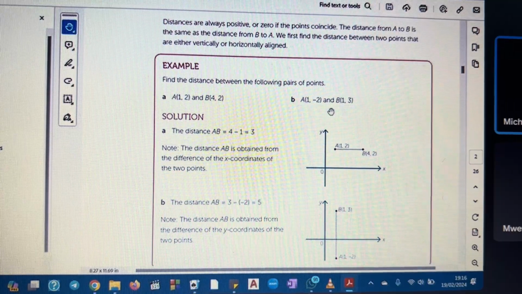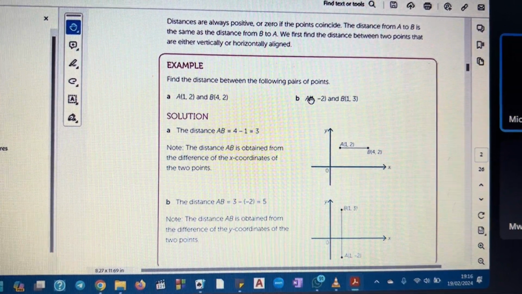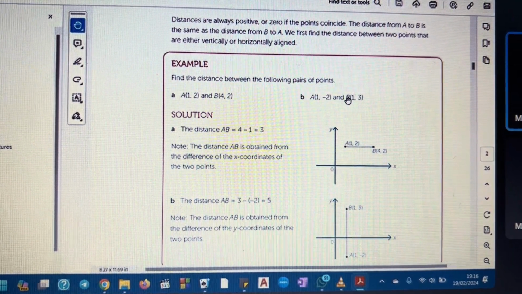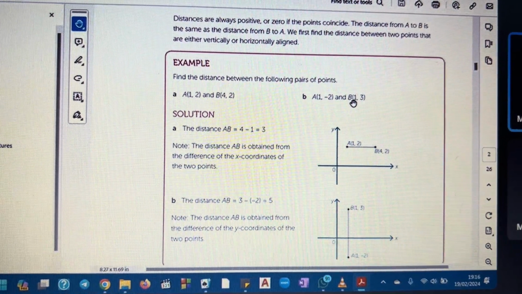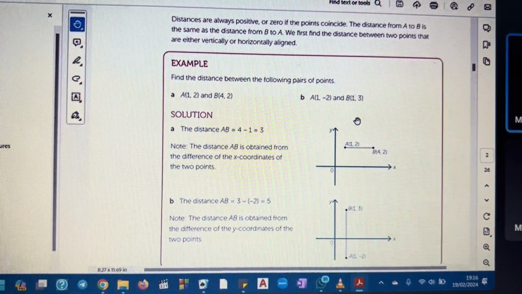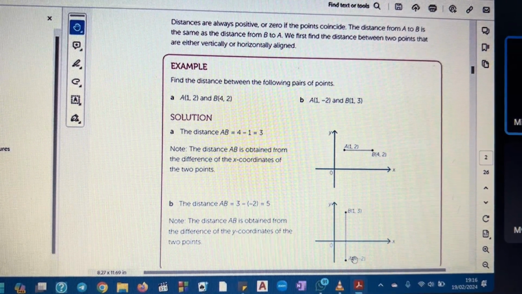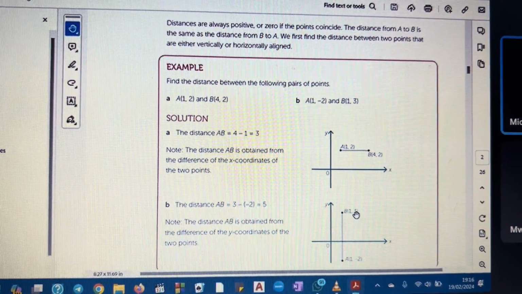And then for this example, it's similar to the first. The only difference is, in this case, the number that's the same is on the x-axis. So we have 1 there and we have 1 there. But what's changing is on the y-axis. And we can see here again, everything is in a straight line. Using the same method, we subtract the smaller number from the bigger number.